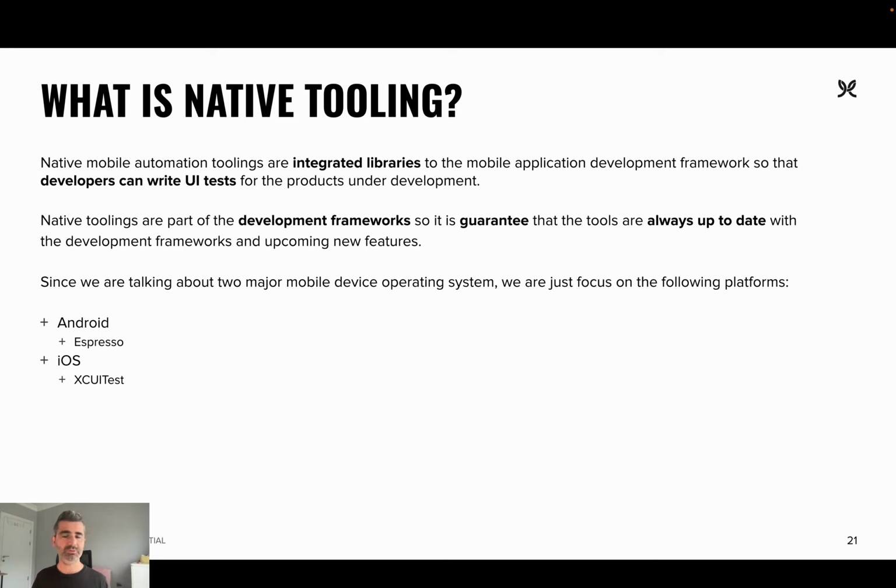So you don't need to install external tooling or external libraries in your project. It is inside your development project, and it supports many benefits, like the API is always ready for you, and you can know the state of the elements with the API. So these are the great parts of native tooling.